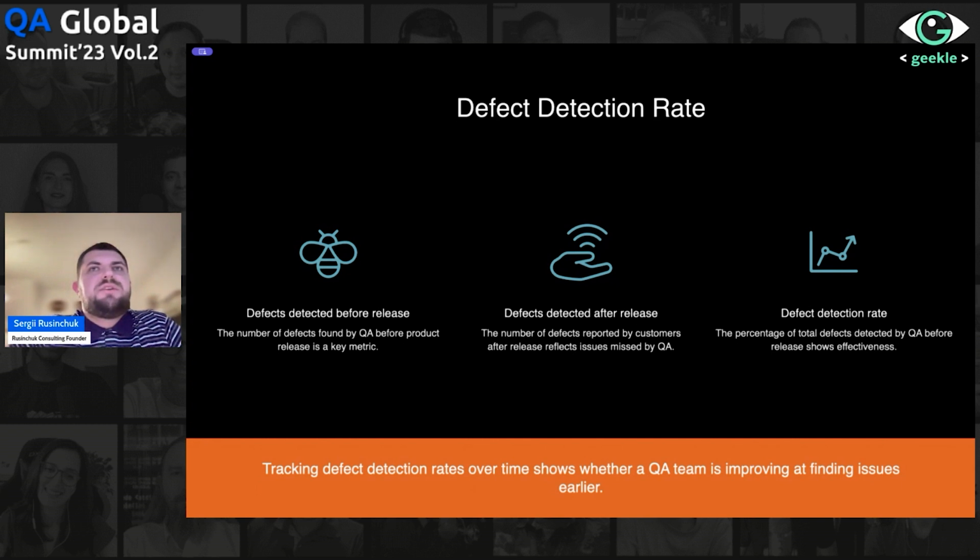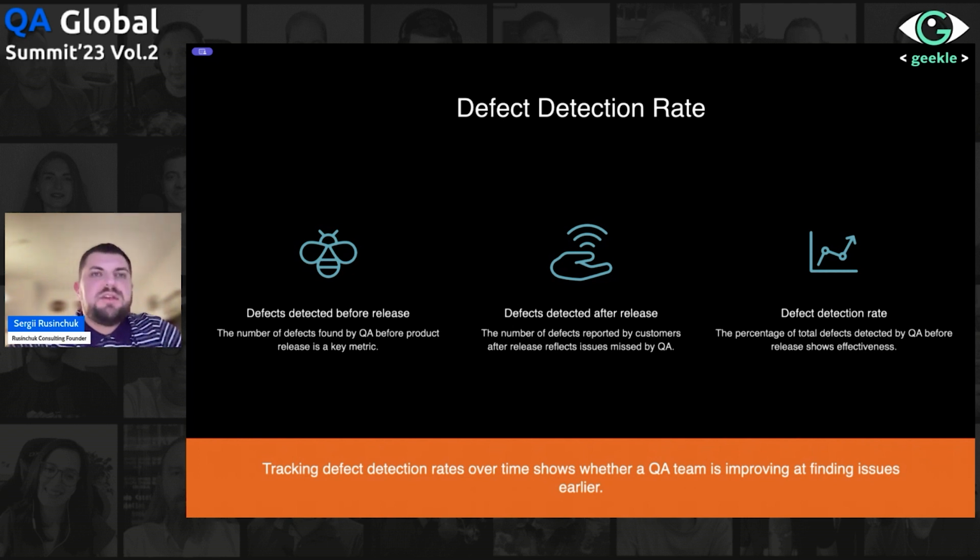So we have here three different metrics: defects detected before release, the number of defects found by QA before product release; defects detected after release, the number of defects reported by customers after release, which reflects issues missed by the QA team; and defect detection rate, the percentage of total defects detected by QA before release, which shows effectiveness.